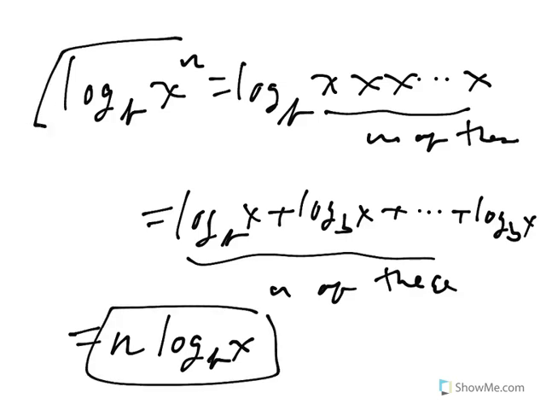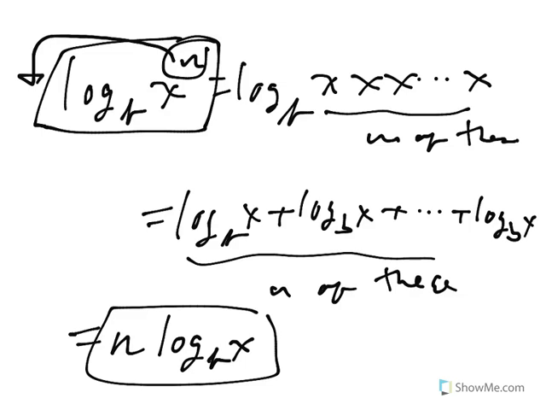And this rule is going to be extra useful. Basically it says that if you have an exponent here, we're permitted to bring it down so that it's in front of the log. That rule is very useful in solving equations where the unknown is the exponent.